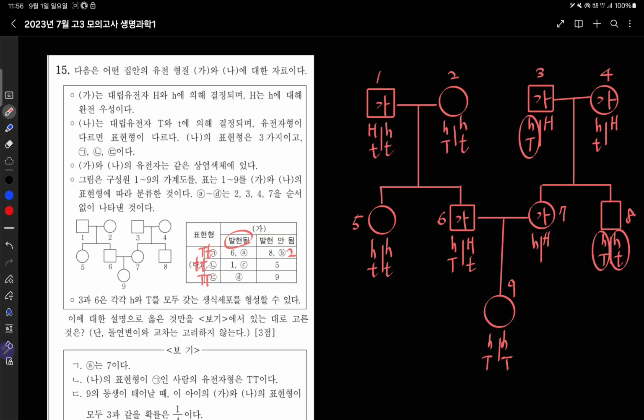And individual number 7 should have the chromosome with lowercase h and capital T allele for number 9. That means only individual number 4 can be homozygous for the lowercase t allele. So that means C goes to individual number 4.